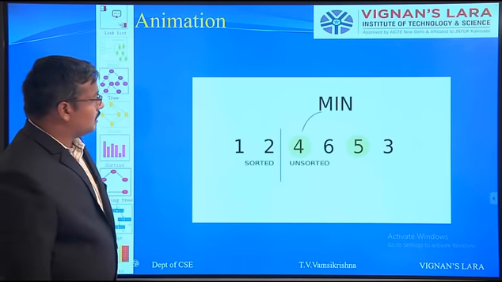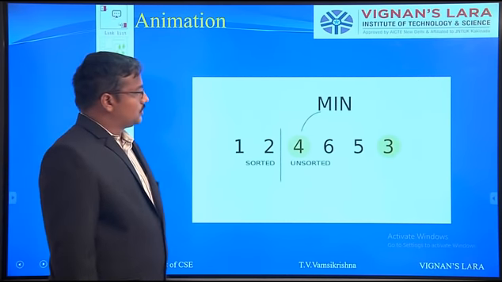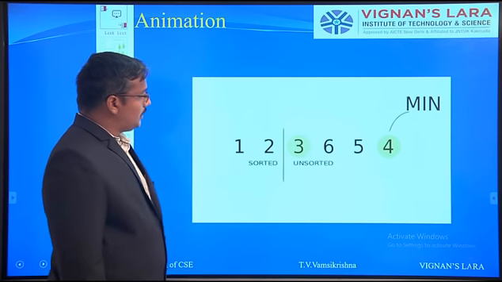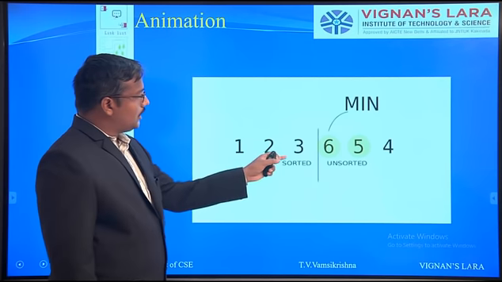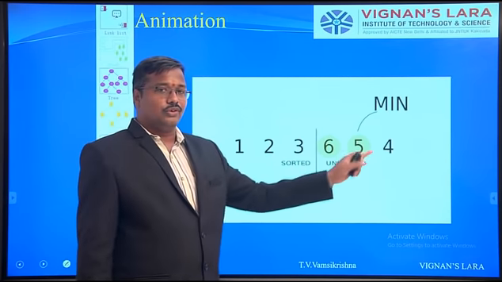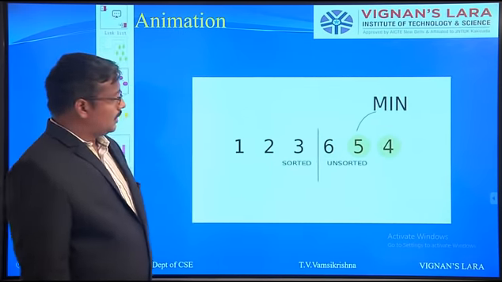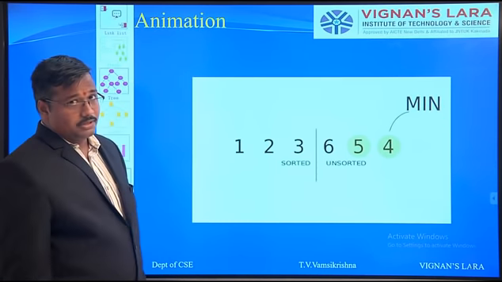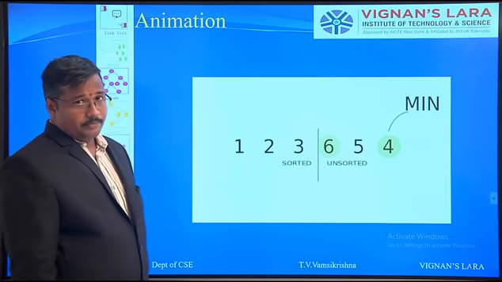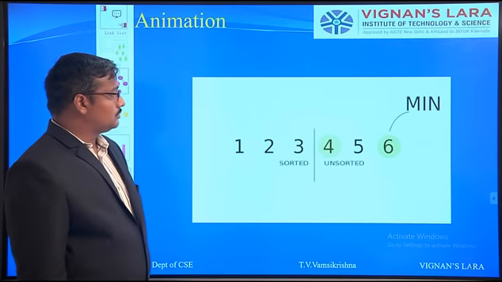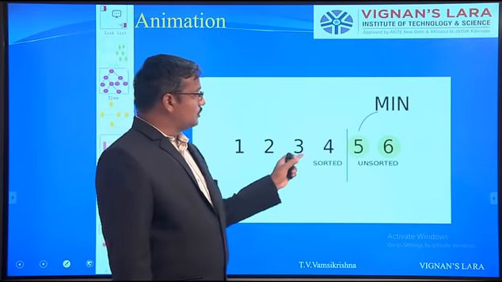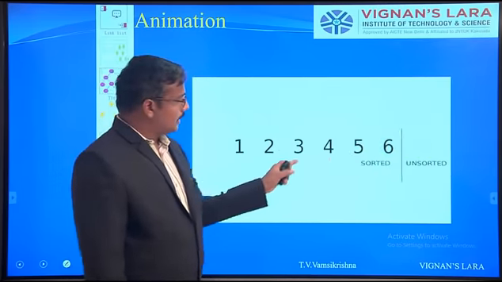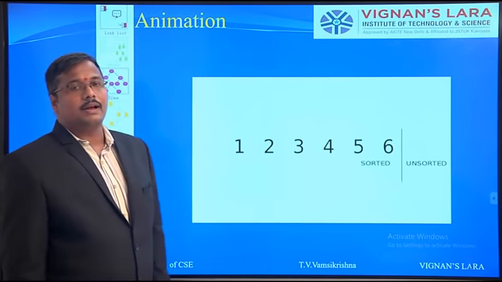Again, 3 is the minimum, so 3 and 4 are swapped. Now 1, 2, 3 is sorted and 6, 5, 4 is unsorted. Again we choose one as the minimum, and we find that 4 is the minimum, so simply swap both. Next 1, 2, 3, 4 come to the sorted list and the remaining are the unsorted list.